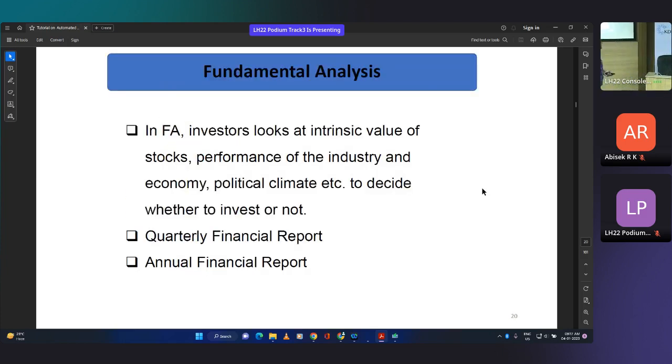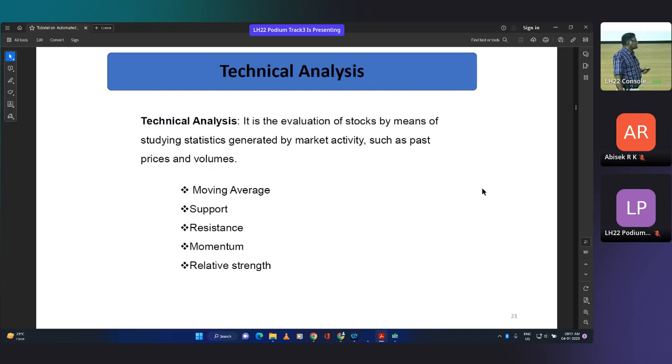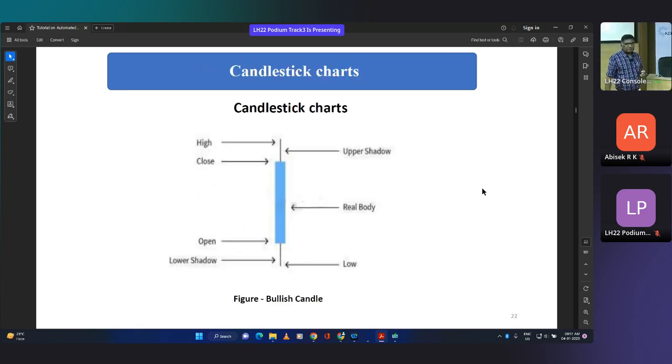Okay. So fundamental analysis has quarterly reports, annual reports, and so on. And then technical analysis has other things like moving averages, supports, resistance, momentum, relative strength, and so on. These are the candlestick charts, and many of you must have seen these candlestick charts appear when you look at any stock.